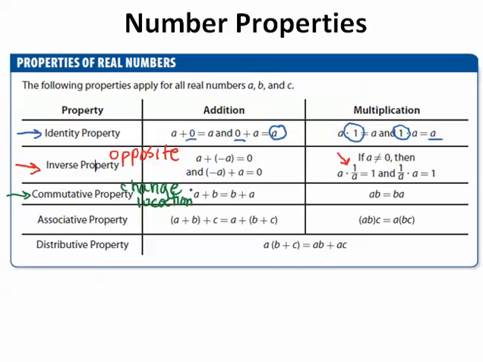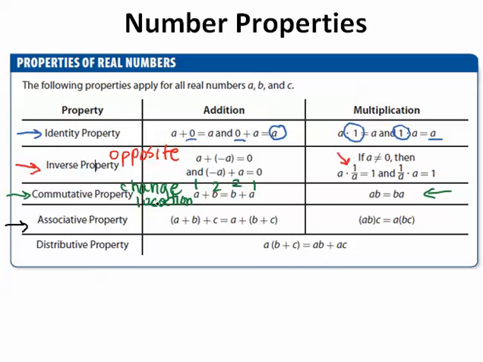The letters are going to move. See how it's 1 and 2 here and then 2 and 1 here. The letters change position. So 4 plus 5 is the same thing as 5 plus 4. Same way with the multiplication. 4 times 5 is 20, and that's the same thing as 5 times 4. They change positions.